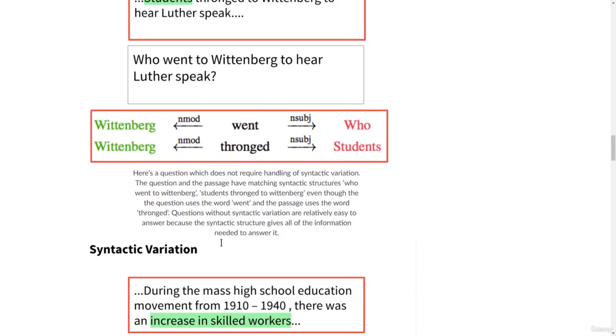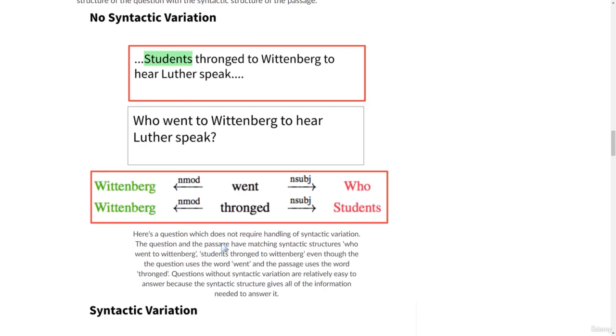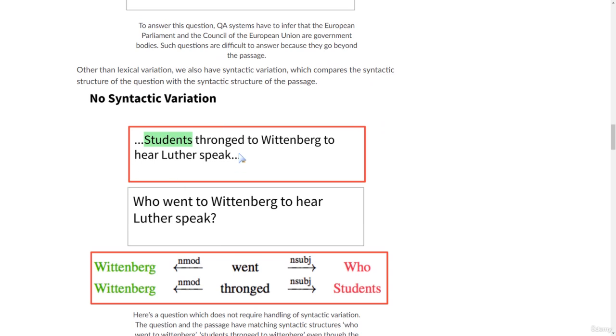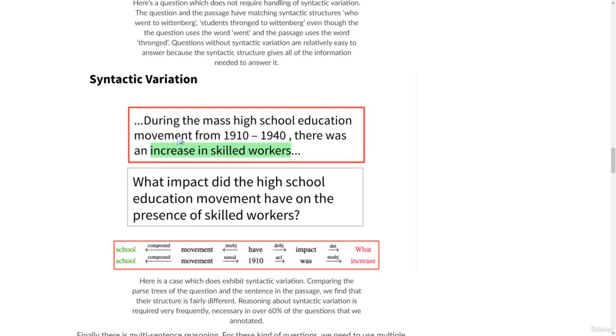Now we also have the syntactic variations, where there is a great difference in structure between the question and the actual text. For this kind of example, like here, we have: during the mass high school education movement from 1910 to 1940, there was an increase in skilled workers.